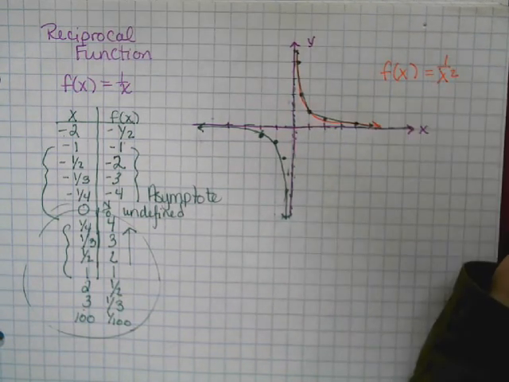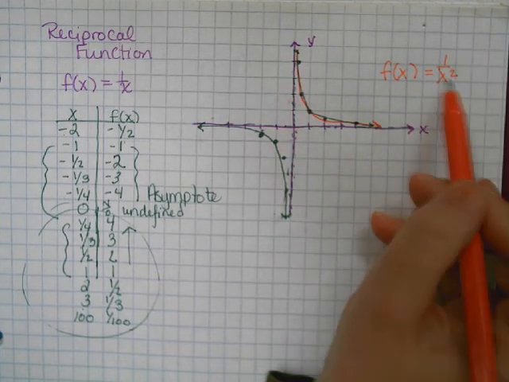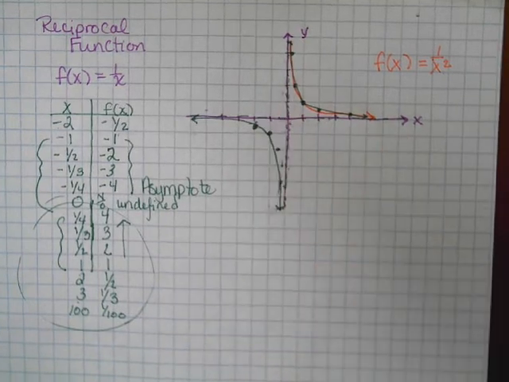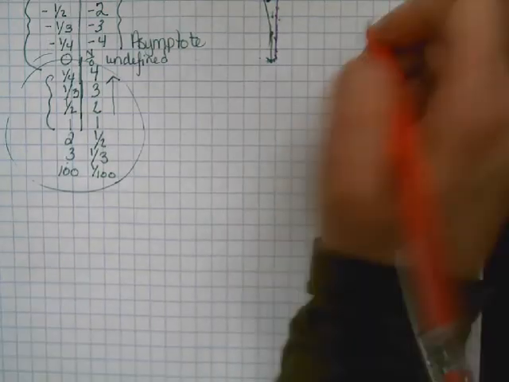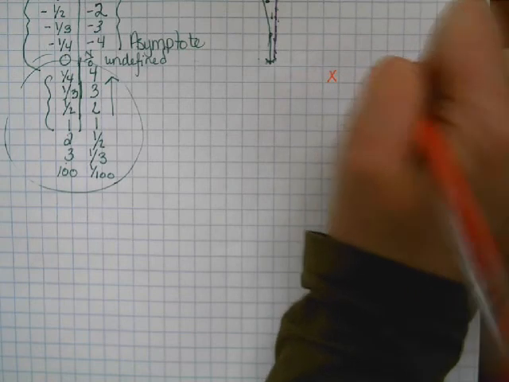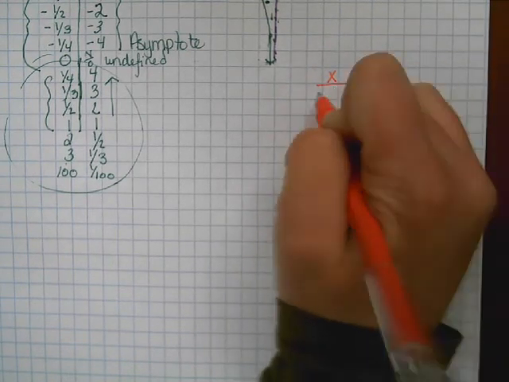That's the reciprocal squared function. No, take that back. They're a little bit different because we're squaring it, so the values are a little bit different. It has the same shape, but let's look at a table of values.